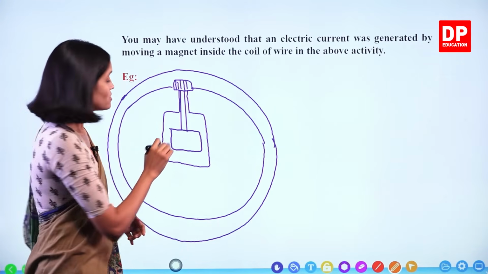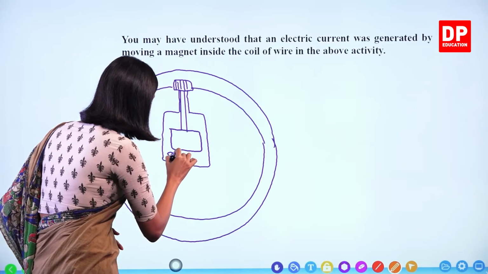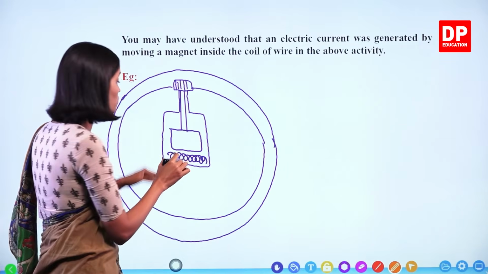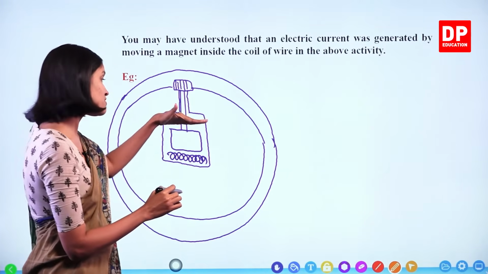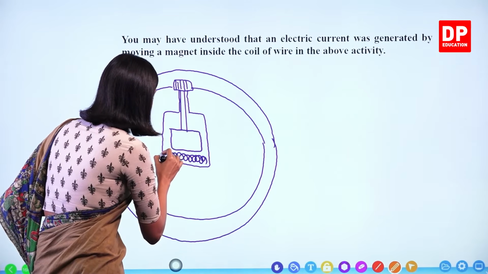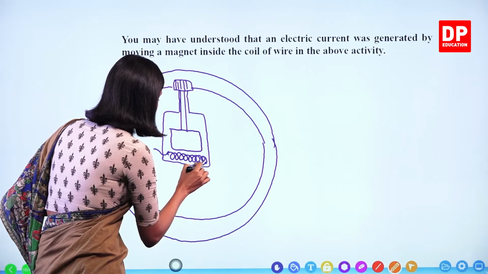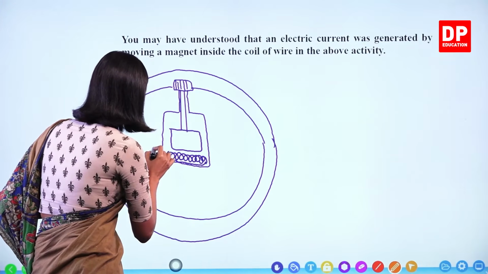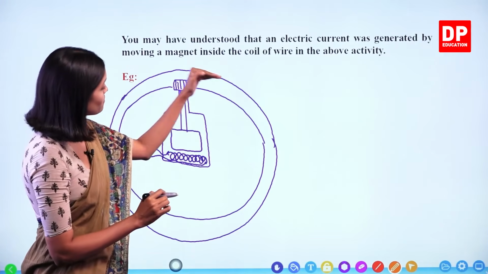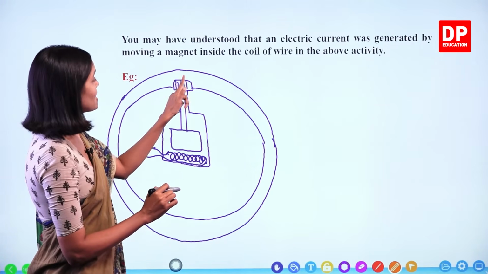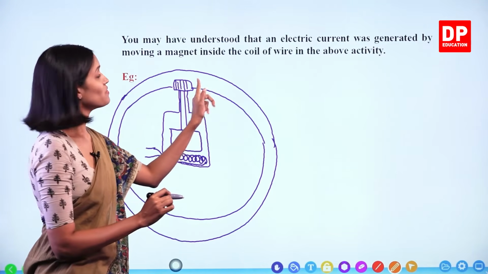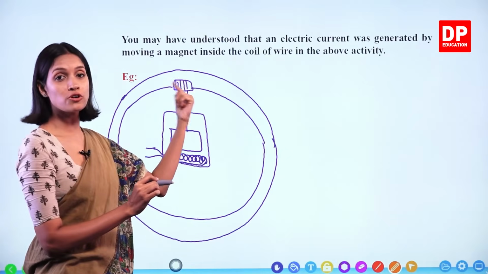Okay, children. Next to the magnet, there's a coil of wire like this. The magnet does not move inside the coil of wire but very close to it. The terminals of the coil of wire are taken out like this and connected to the lamp. So when we pedal the bicycle, what happens? As this cap-like structure touches the tire, when the tire rotates, this one also rotates.